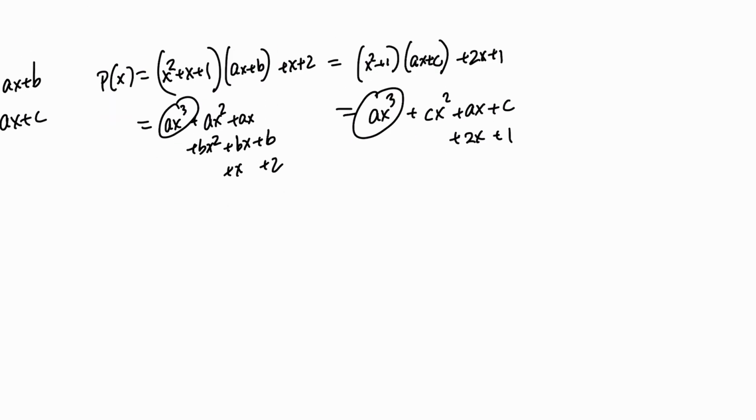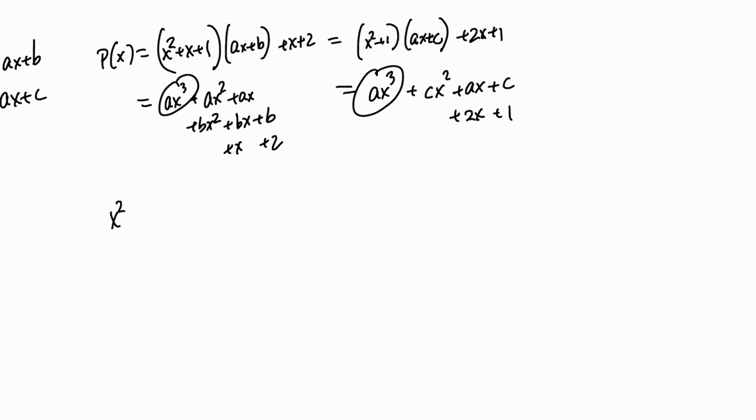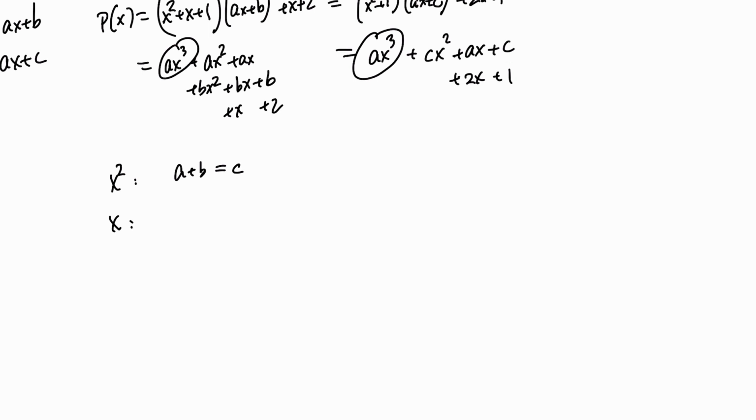So over here, if we set up the quadratic term, here is a plus b equal to c. If we set up the x term, then we would have a plus b plus 1 equals a plus 2. And if we have the constant term, we use k. I know constant starts with c, but usually we denote it with a k. b plus 2 is equal to c plus 1.